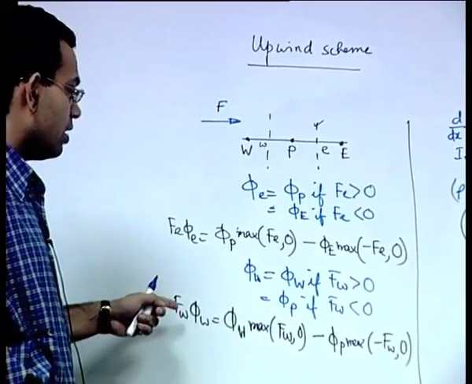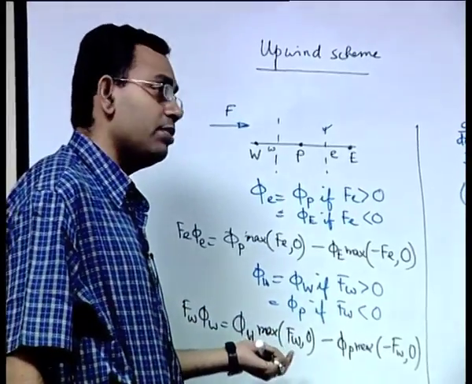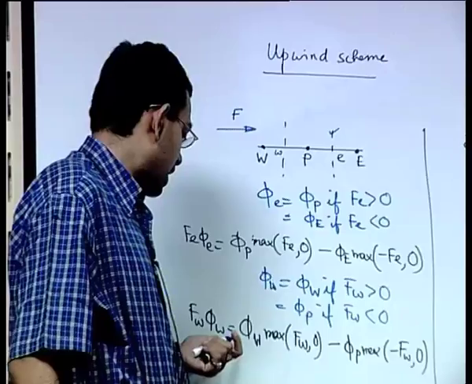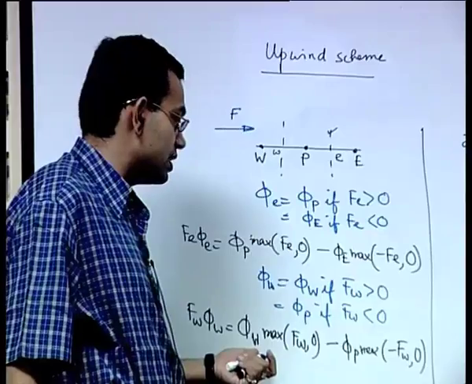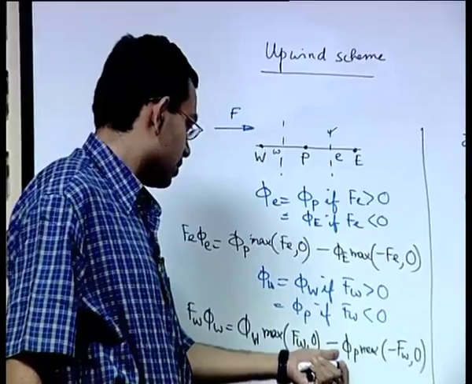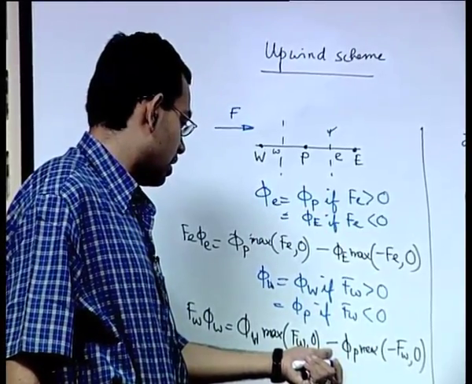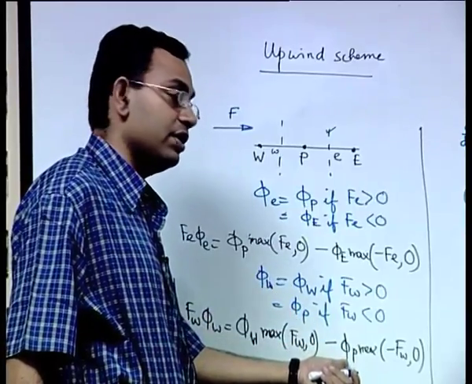If F_w is greater than 0, then the first term will only be there, so F_w phi_w becomes phi_W. If F_w is less than 0, then the first term is not there, second term: F_w phi_w becomes equal to phi_P.